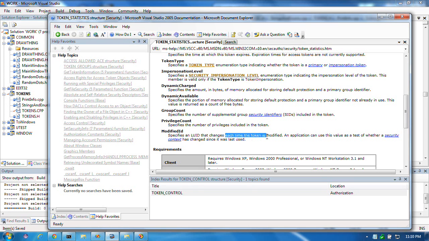Now, I thought I just created that token on the fly there, but apparently it's just been retrieved. So if somehow, for some reason, my token was modified, even temporarily, then that value changes. So it says an application can use the value to test whether a security context has changed since it was last.